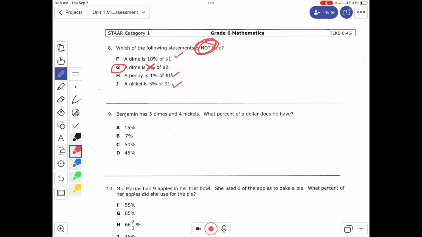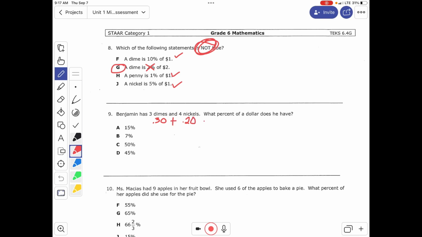So G's right. That's correct. Benjamin has 3 dimes and 4 nickels. What percent of a dollar does he have? How much is 3 dimes? 30 cents. And nickels are 5 cents each. So if I had 4 of them, that would be 20 cents.